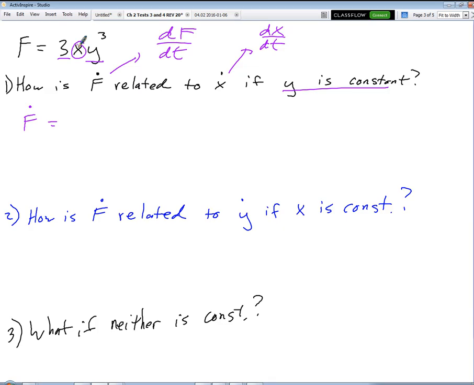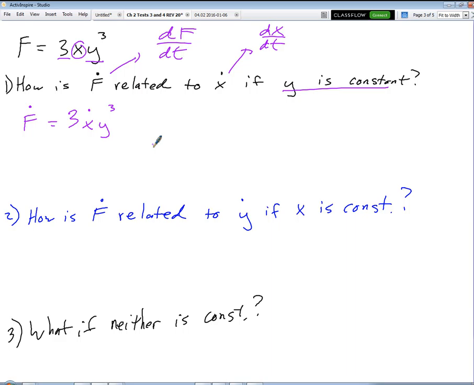Move them to the front and leave them alone, right? So we would really just have 3 times y cubed times x dot. We'd probably write that as 3 x dot y cubed.